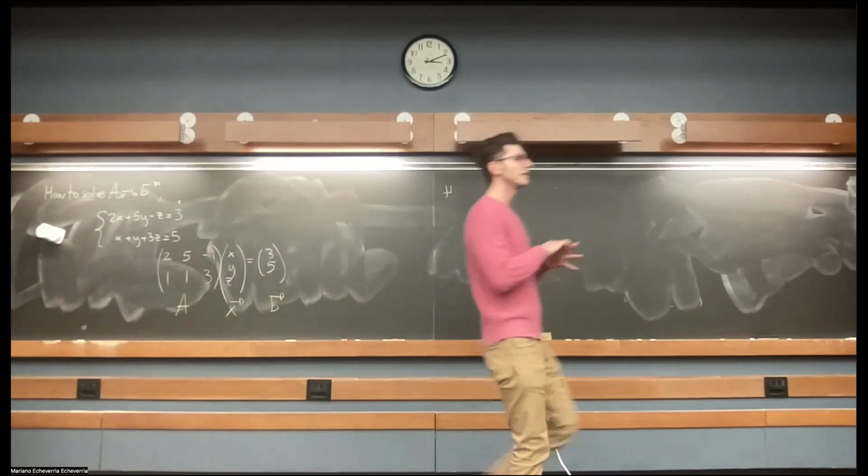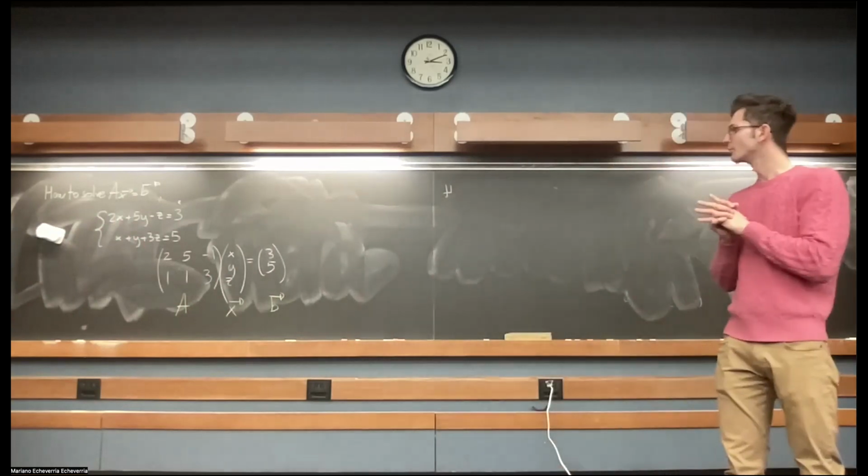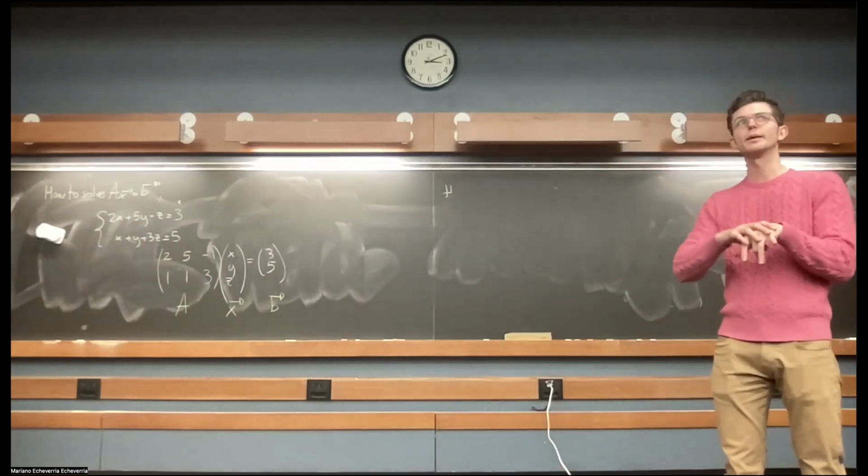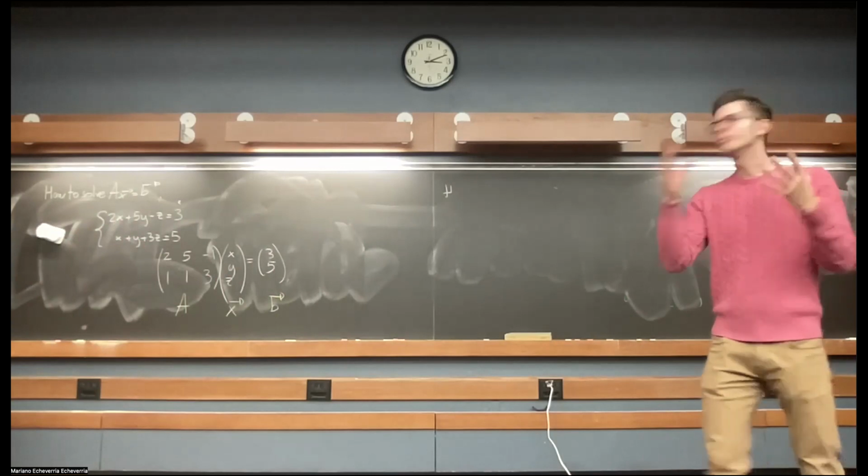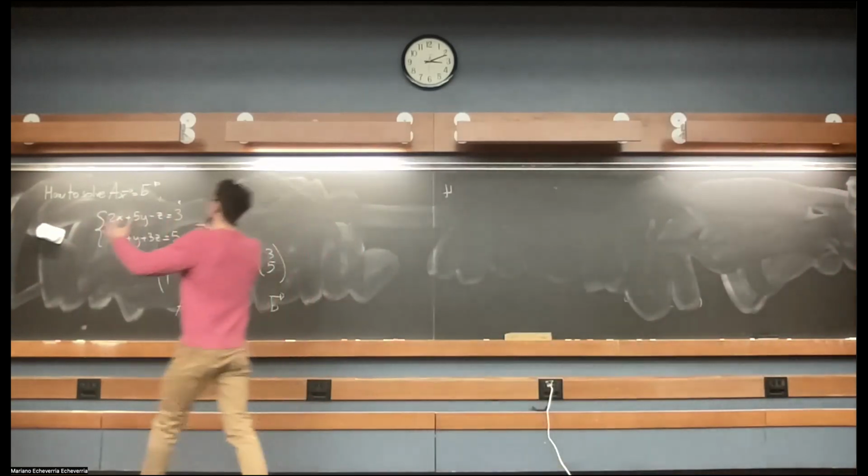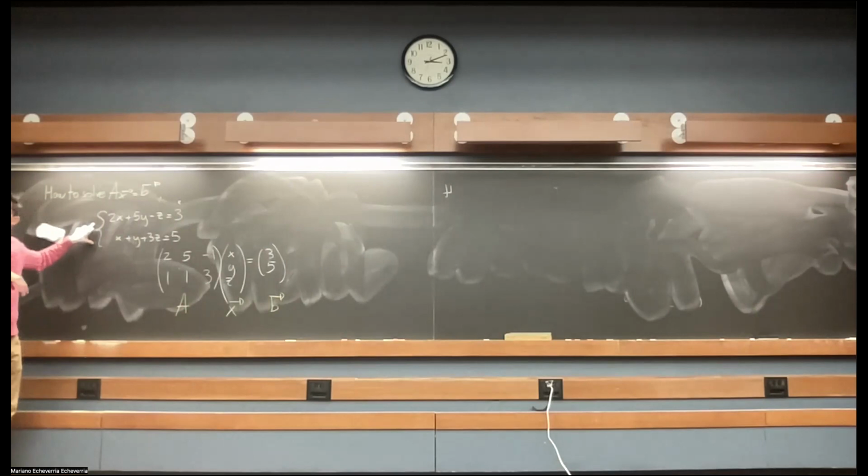And now the idea is to solve these systems in a way that becomes standardized. You probably also know how to solve this from high school: solve for x in this equation, substitute into the first equation, some sort of substitution method.